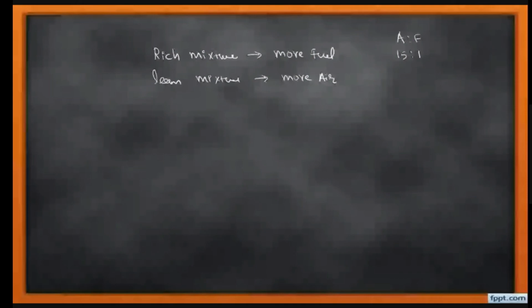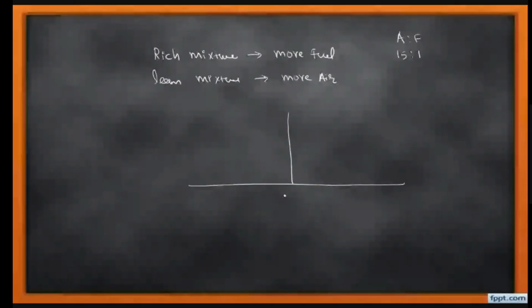Suppose I express it on a scale: this is 15:1, and if you go this side, here it is 7:1, and here it is 20:1. So this side indicates rich mixtures and this side indicates lean mixtures.